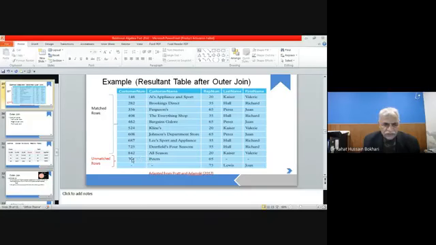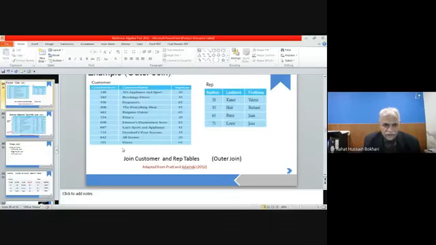So we have this value 701 Peter and 05 available in the customer table, but this value is not available from the other table. So we have put it as a null. If there's no matching for this one, the values for this one should be null.